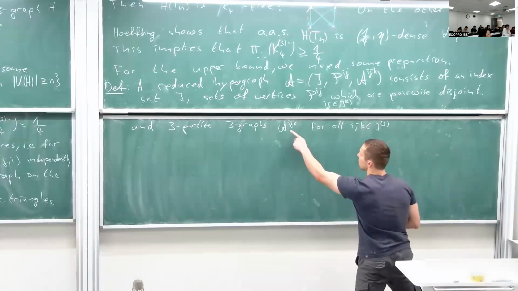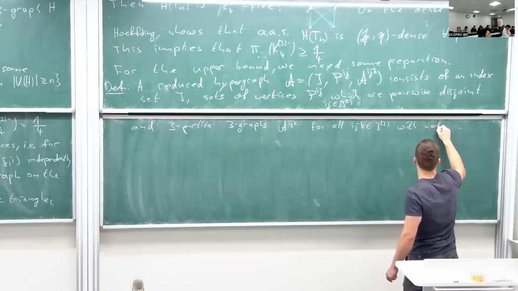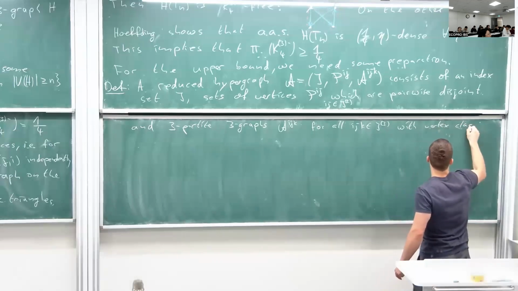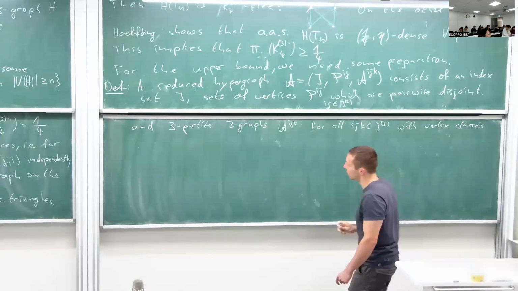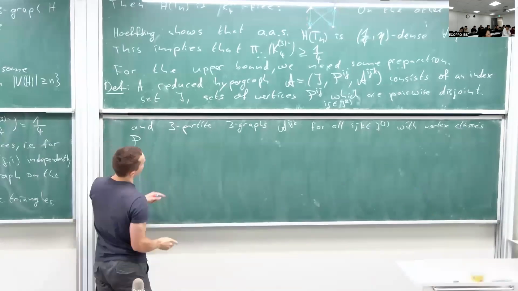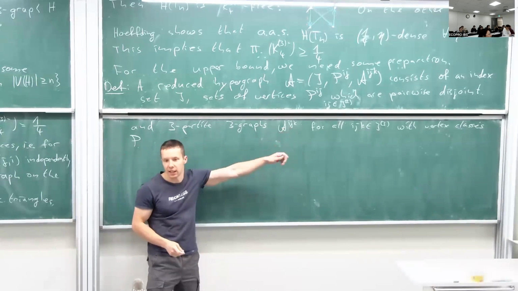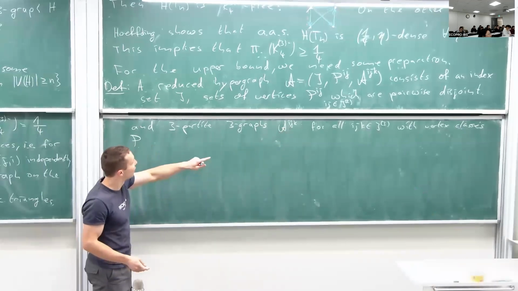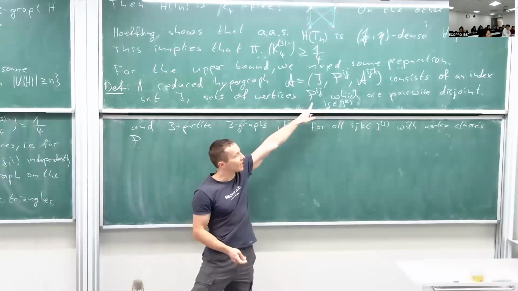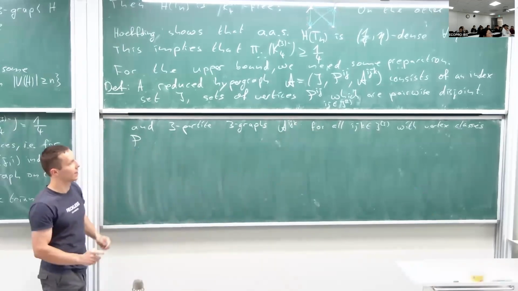So on this triple of indices, we have 3 pairs of indices, and for each of those pairs, we have this class of vertices, and those are the partition classes of our Hijk.